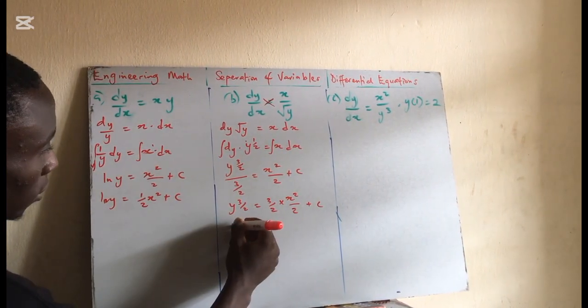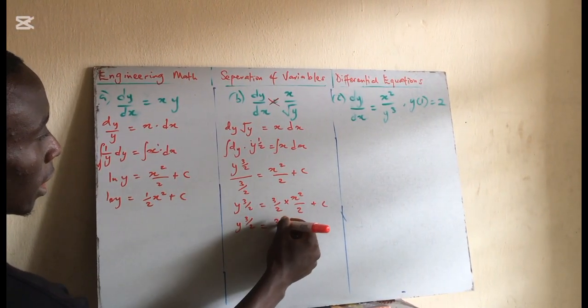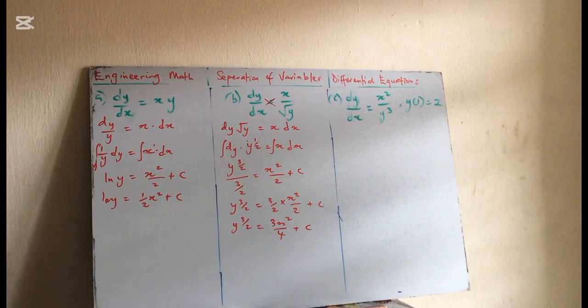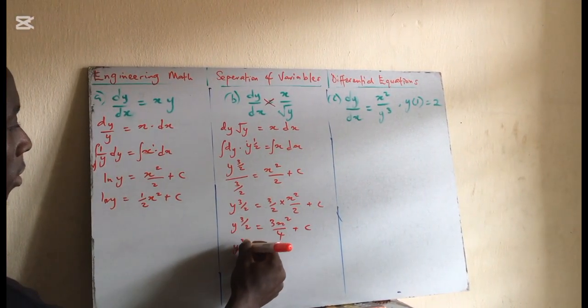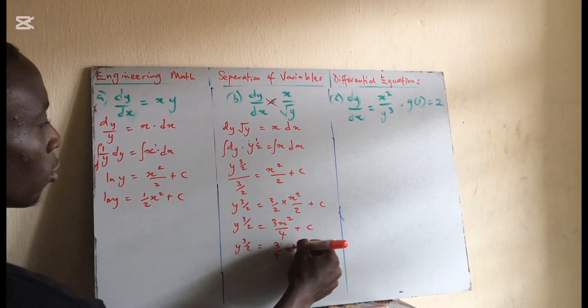So here we'll be having 3x squared over 4 plus c. You can also say y raised to power 3 over 2 equals 3 over 4 x squared plus c.